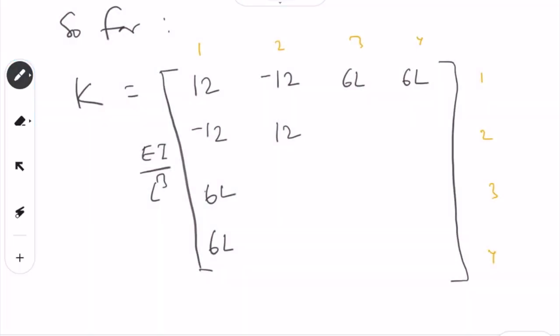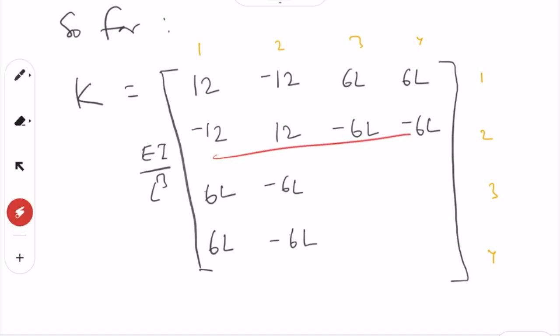So this becomes minus 6L, minus 6L, here also minus 6L, and minus 6L here. Okay, so we got this.